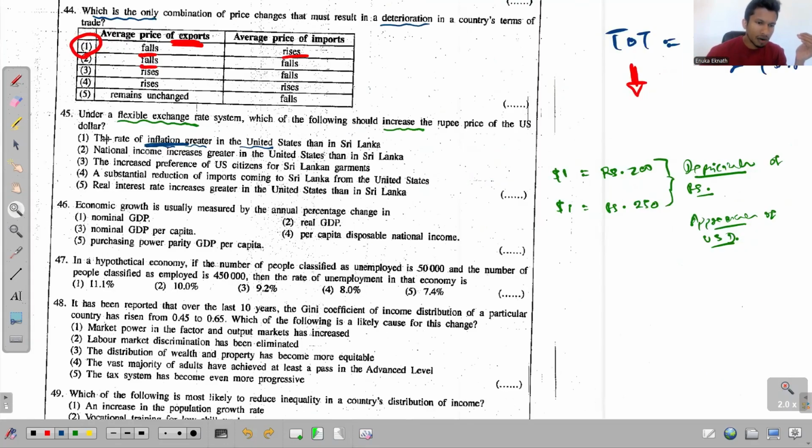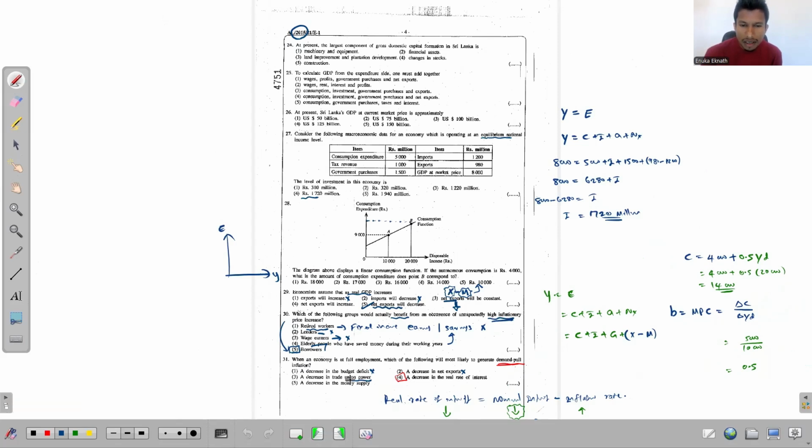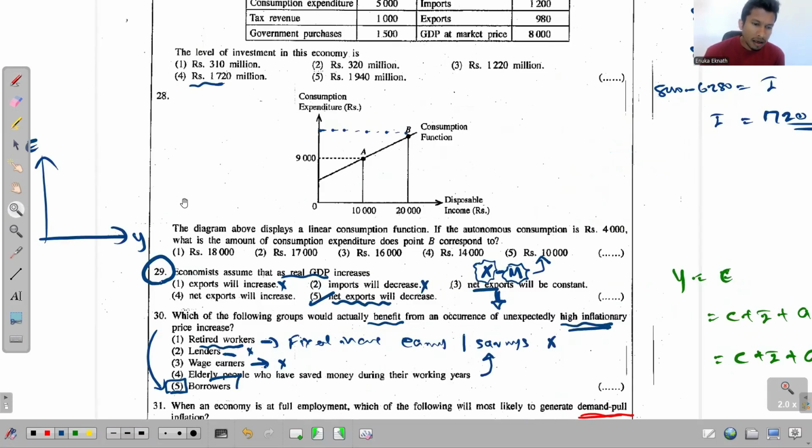Right? Look at the second one now. The second option says the national income increases greater in the United States than in Sri Lanka. See, once again, this second part of question 45 is related to one of the previous questions that we discussed here. Yes, look at this question 29. Right?